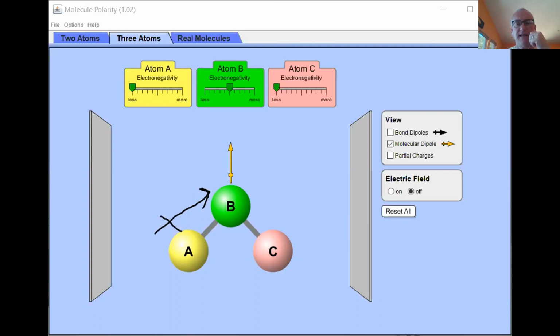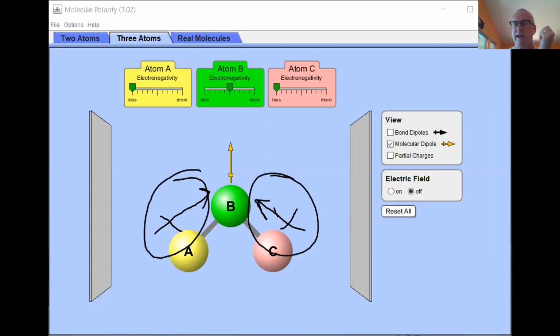And it looks like C is also less electronegative than B. So this has another dipole pointing toward B. Can I just add together the polarity of this and this polarity, and get the overall molecular dipole? Can I just do that? Or is there something else I need to take into consideration?